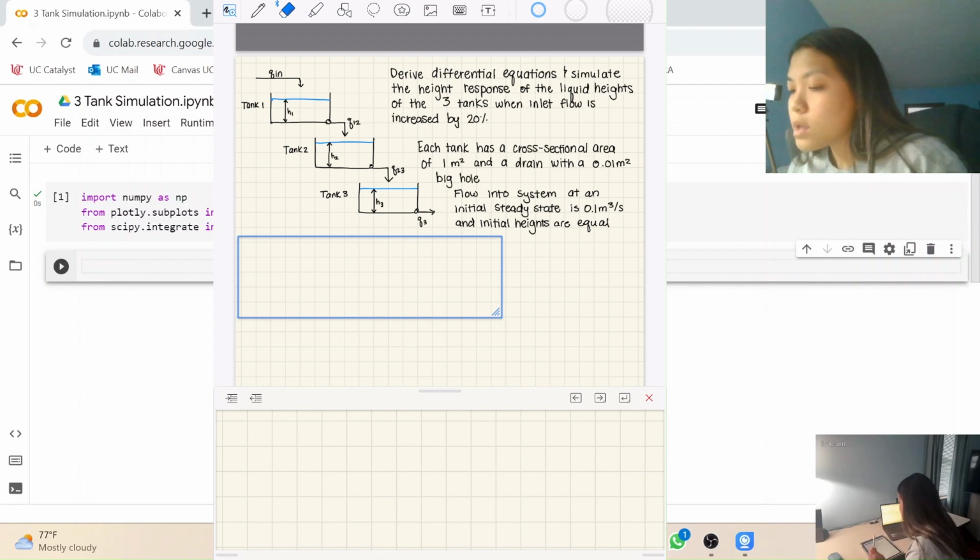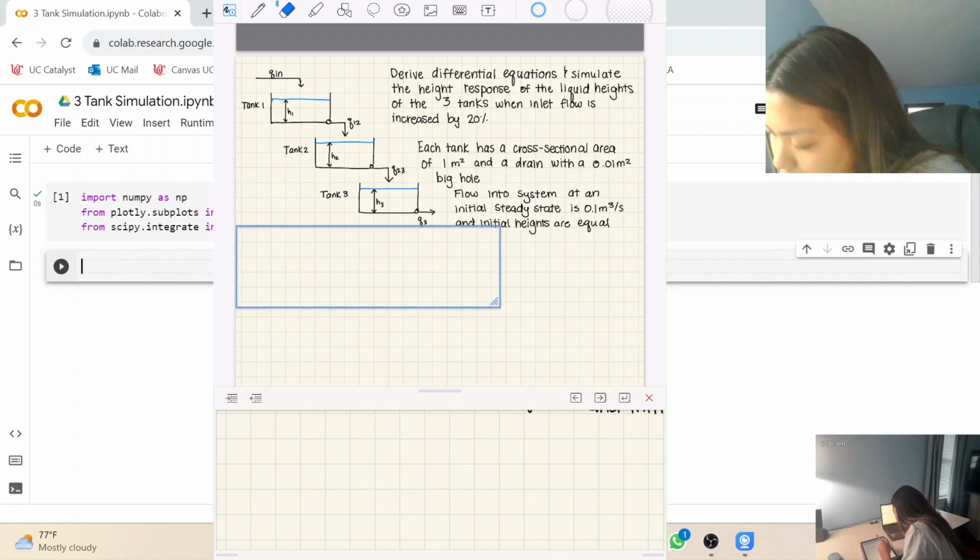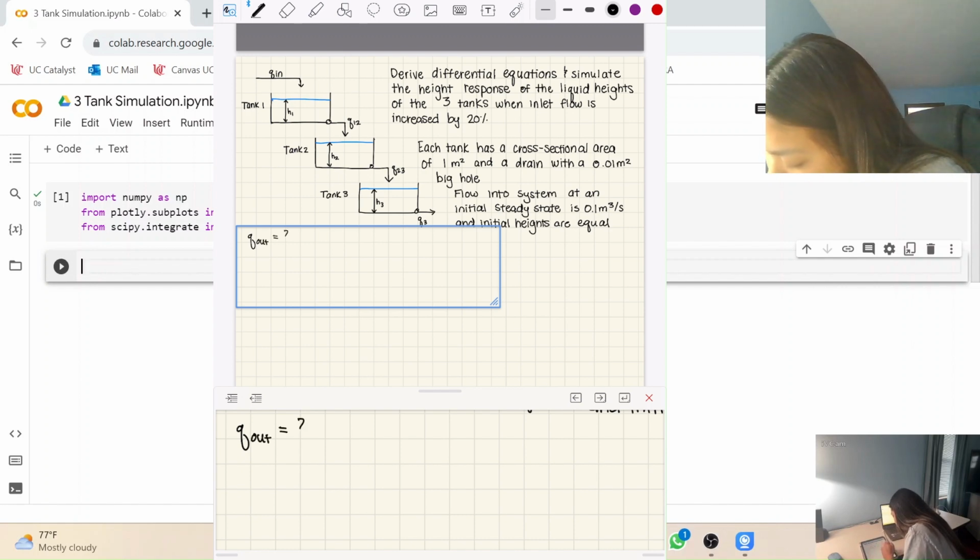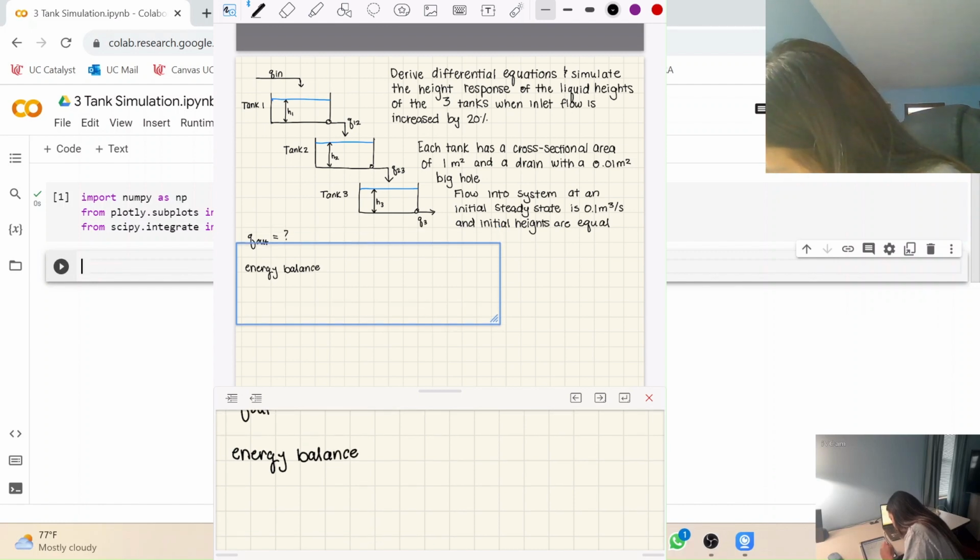And so to start deriving these differential equations, the very first thing we're going to do is define what a flow out of a tank is. To do this, we're going to use an energy balance. Basically, this is the assumption that all potential energy is converted into kinetic energy.